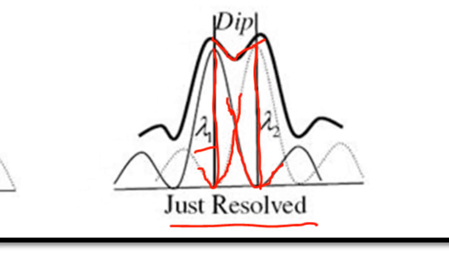So the case is again similar to the first one, the wavelengths are closely spaced, but you can see a distinct dip between the intensity patterns, and therefore such wavelengths are said to be just resolved according to Rayleigh's criteria for resolution.